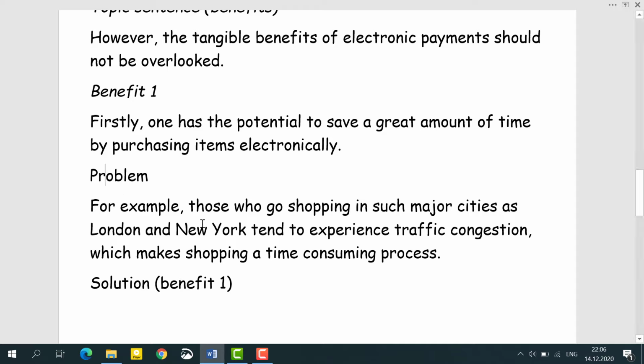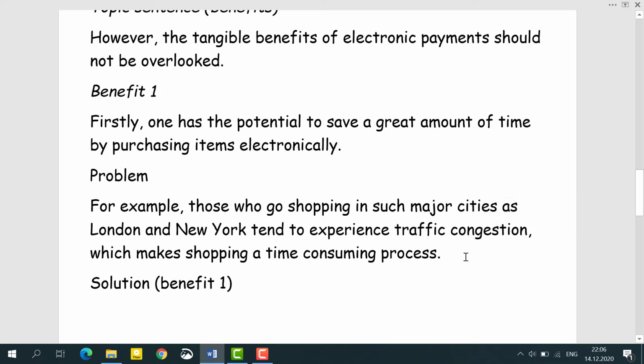So for example, those who go shopping in such major, in this case major means large, big. You don't want to write big or large, use the word major. So major cities, major advantages, major problems, okay? As London and New York tend to, which means usually, experience traffic congestion, which, okay, in this case, traffic congestion basically means traffic jams.